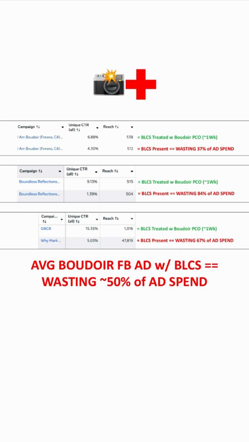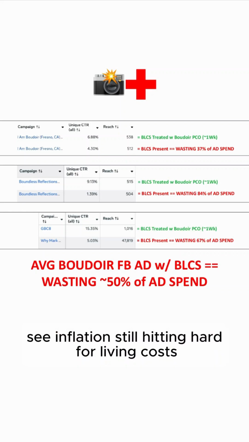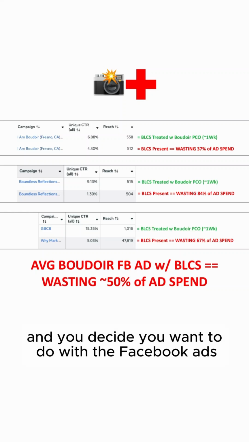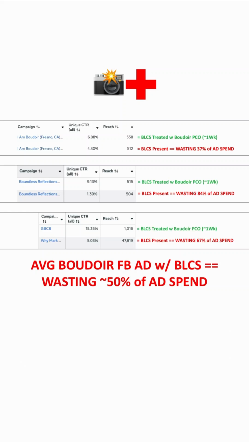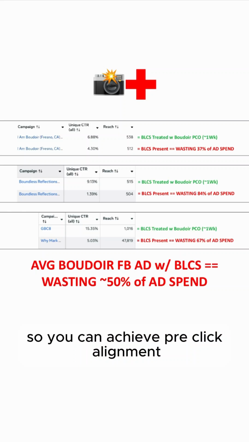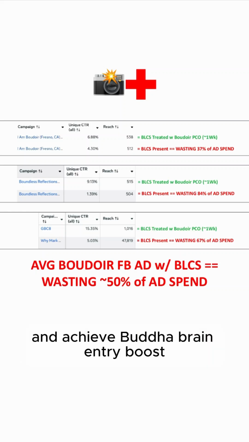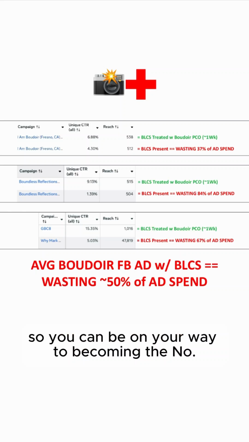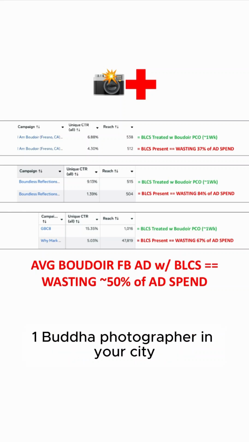And we're seeing inflation still hitting hard for living costs. So we want to pull some money out somewhere. You decide you want to do it with Facebook ads. Put that money back in your pocket so you can achieve pre-click alignment, become a dominant Boudoir advertiser, and achieve Boudoir brain entry boosts with your Boudoir Facebook ads. So you can be on your way to becoming the number one Boudoir photographer in your city.